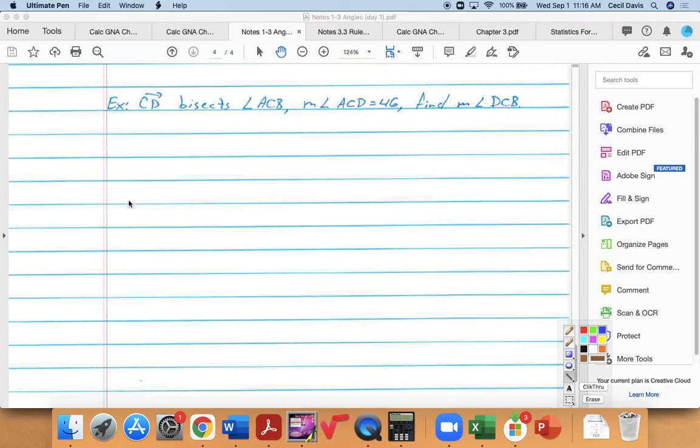All right, so it's supposed to have ray CD bisecting angle ACB. So again, I'll start with a big acute angle. CD is supposed to be bisecting it. So that's ray CD. A has to be on one side. I usually put the first letter on the top, but it doesn't matter. You could go the other way. B has to be on the other side.